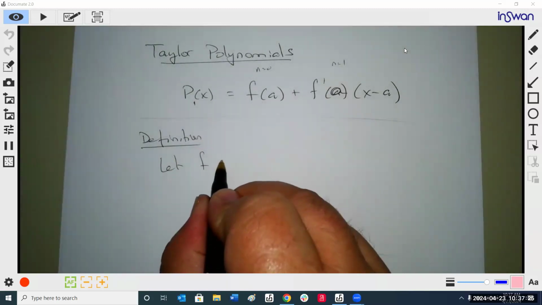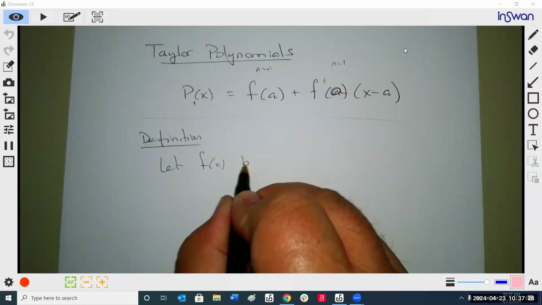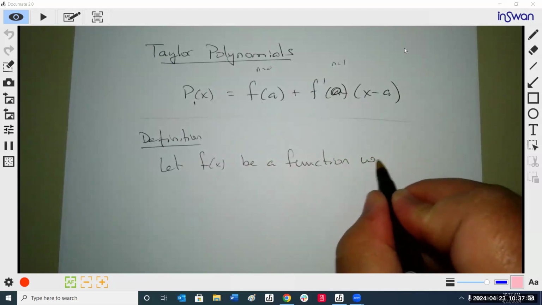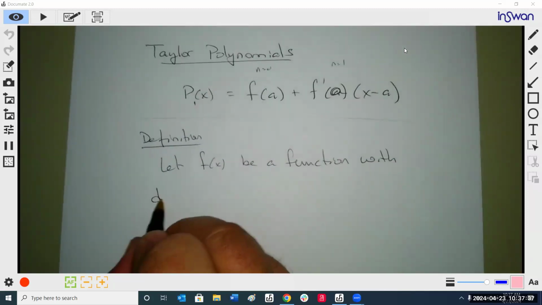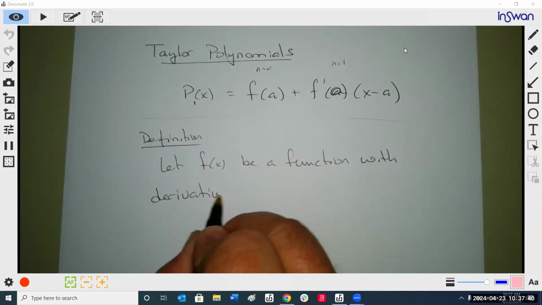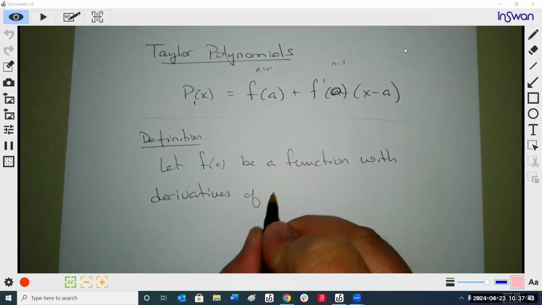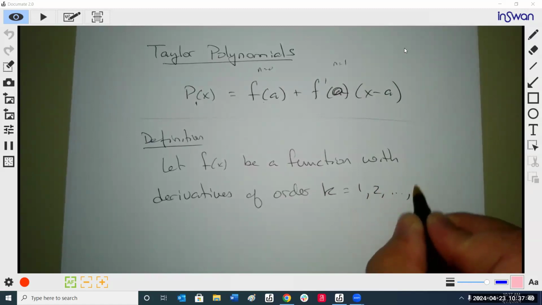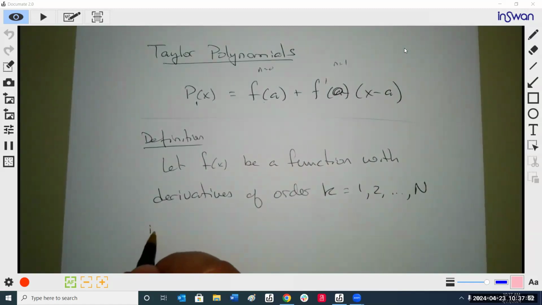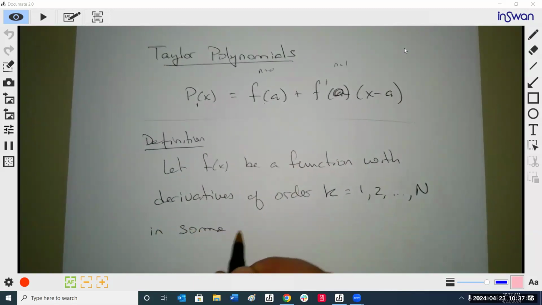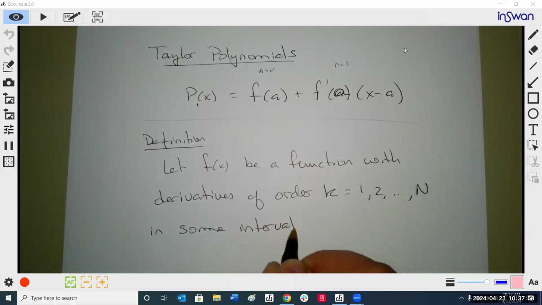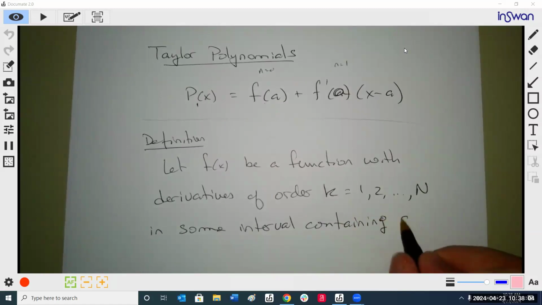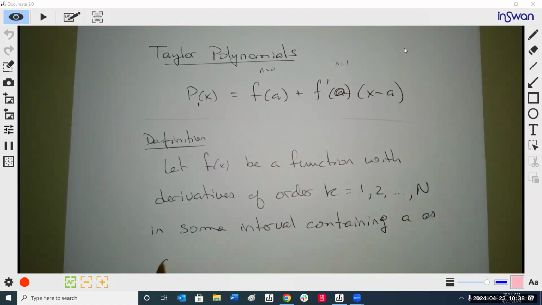Let f of x be a function with derivatives of order k equals 1, 2, all the way to n, in some interval containing a as an interior point.